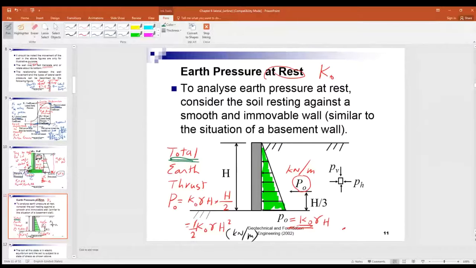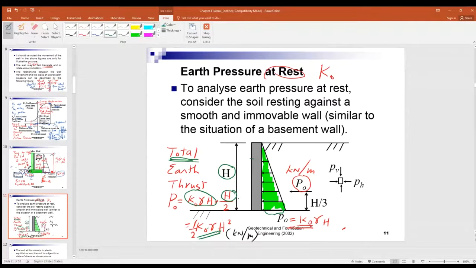The base, K naught gamma H, times the height divided by 2, right? So that is the area of the green triangle. So eventually you get one half times K naught gamma H squared. Okay, this equation.